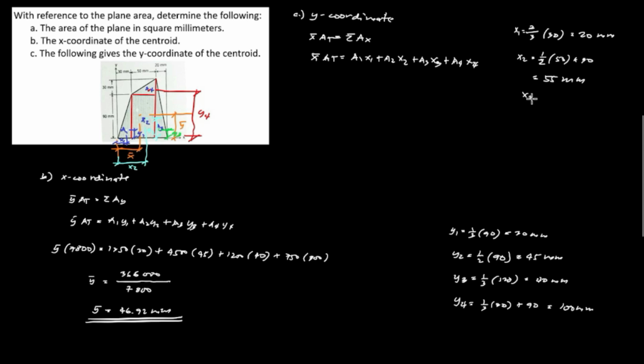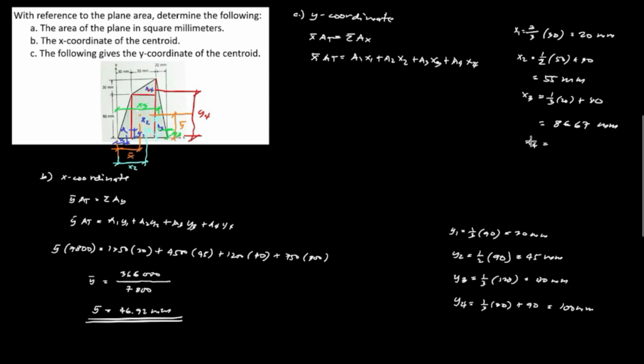Next, x sub 3, which is the distance from this point up to the y coordinate. X sub 3, from the centroid up to the line, is 1/3 of the base, which is 20, plus from this point up to the y coordinate, so 30 plus 50, or 80. And 1/3 of 20 plus 80 is equal to 86.67 millimeter.